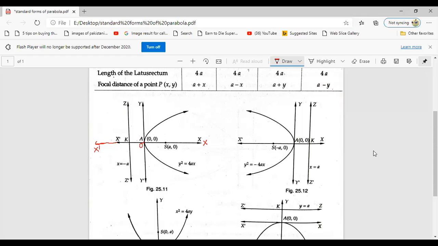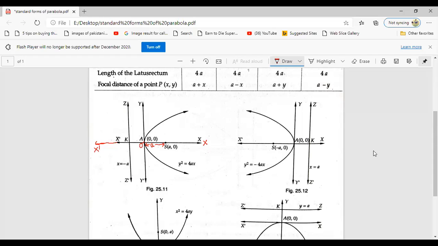And its fixed point is at a distance of a, small a. Therefore, the coordinates of this point will be (a, 0) because it is on the x-axis, so the y coordinate will be 0. And where it touches the y-axis, or cuts the x-axis, this point is called the vertex.